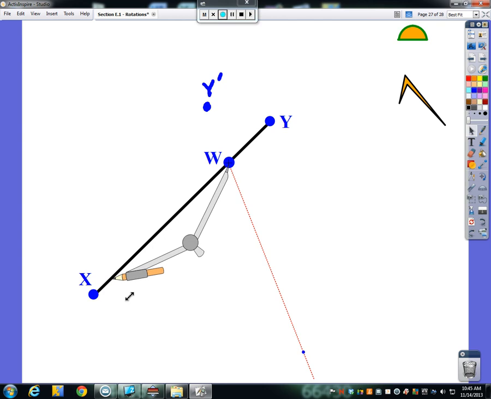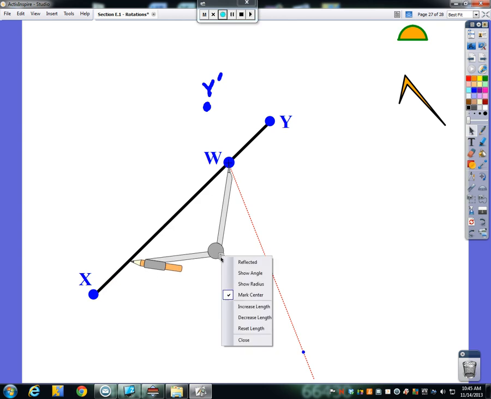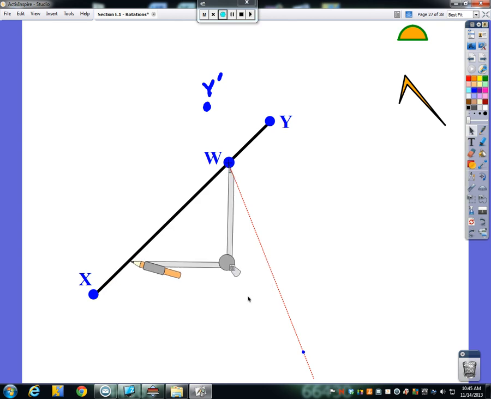Oh, mine doesn't reach. Not a problem. Hopefully you don't have this issue. I don't think you would. There we go. Again, I have magic compass.